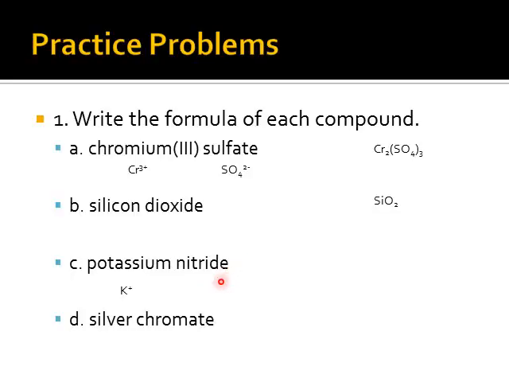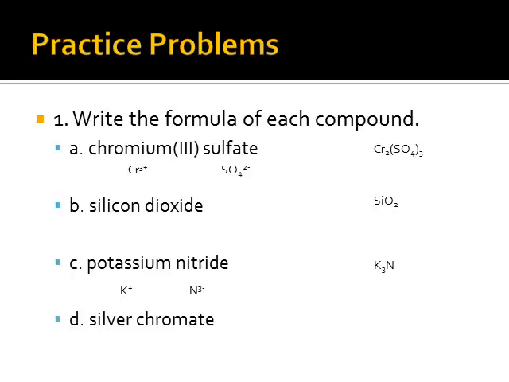That's the monatomic anion of nitrogen. And so if you look at that, nitrogen is on the periodic table in group number 15, so that will be 3-. And then, so matching up the charges here, you'll notice that we need 3 potassium ions, 3 of these over here to match the 3- on the nitride. So my formula there is K3N.